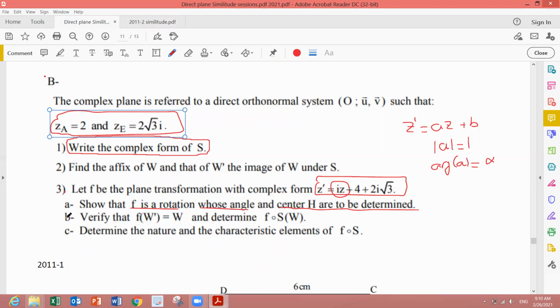Part B, verify F of W prime equals W. How to verify F of W prime equals W? The center of the rotation is H. Yes.